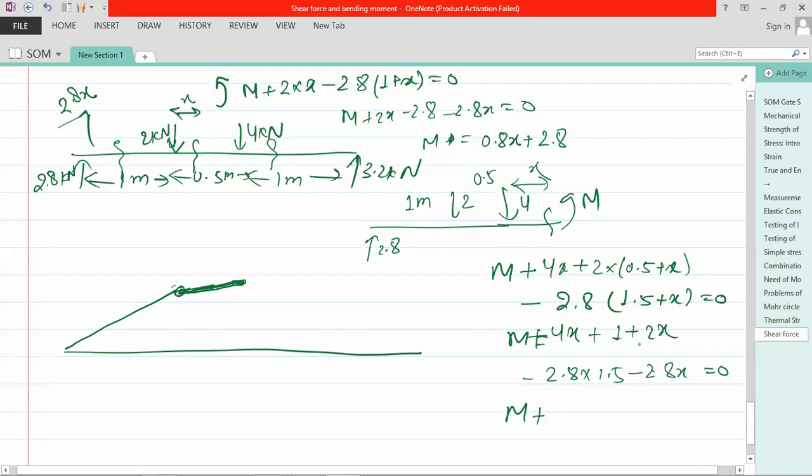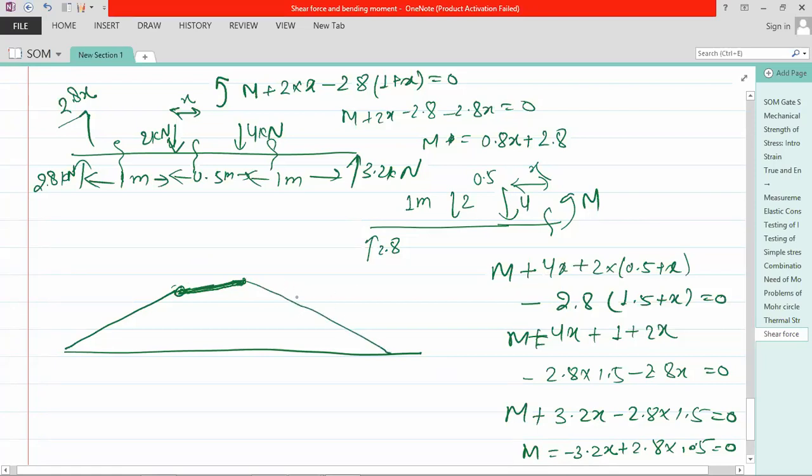Then M plus 6x, 6x minus 2.8 is 3.2. Then the moment will come as minus 3.2x plus 2.8 into 1.5. Okay, so at x equal to 0, it is 2.8 into 1.5. Now after that, it will decrease because the slope is negative, minus 3.2. And it will decrease like this after the two loads are acting.